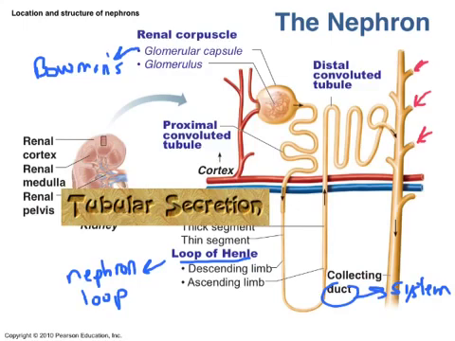And tubular secretion is used to sort of fine-tune the composition of the urine. It's also involved in regulating the acid-base composition of the blood, and tubular secretion is a large part of how the kidneys help out with that. And tubular secretion happens all along the nephron at the proximal convoluted tubule, distal convoluted tubule, and the collecting duct.